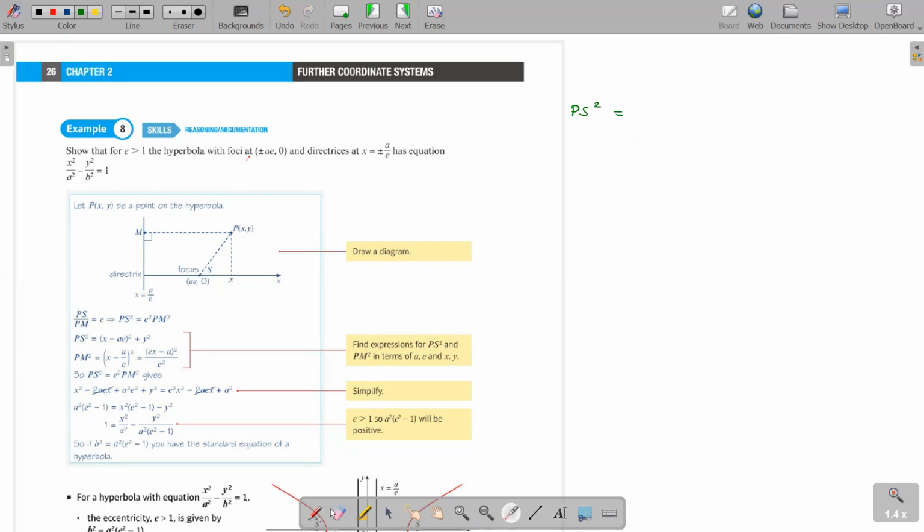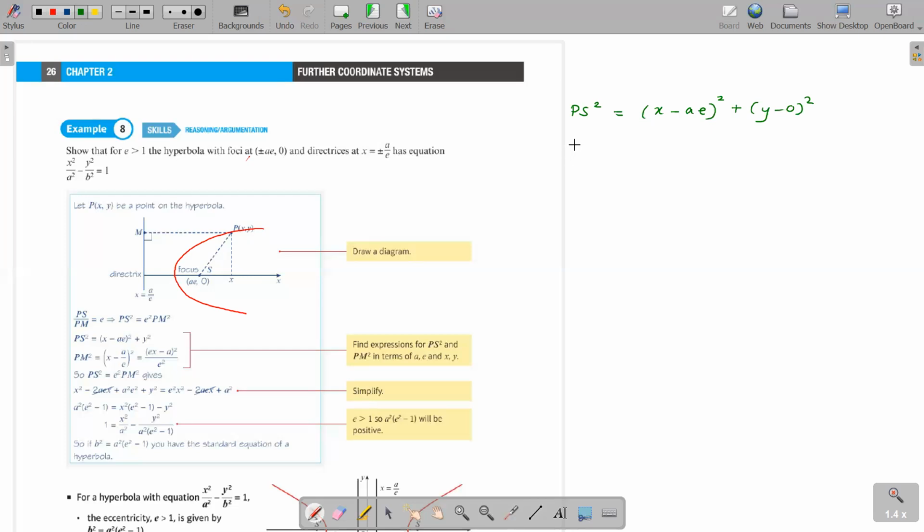It is equal to x minus ae, whole squared, plus y minus 0, whole squared. Do you agree? You need to clearly identify that your shape is going in front like this, so the x is in front: x minus ae squared plus y minus 0 squared is equal to PS squared.